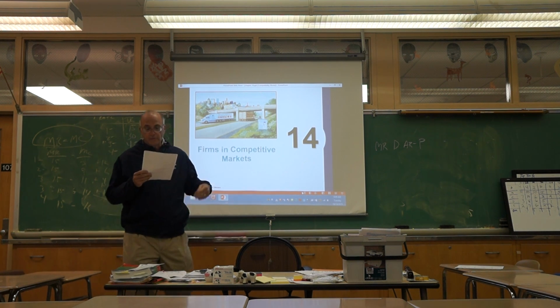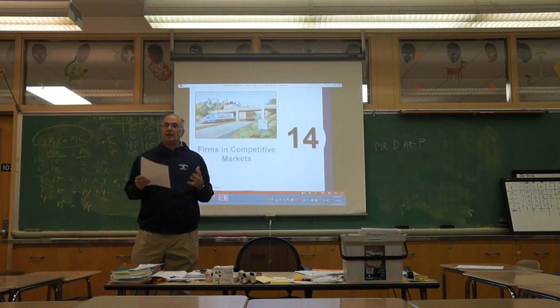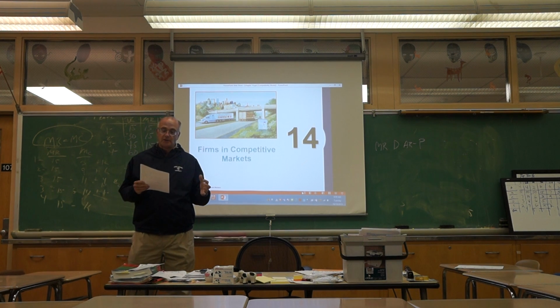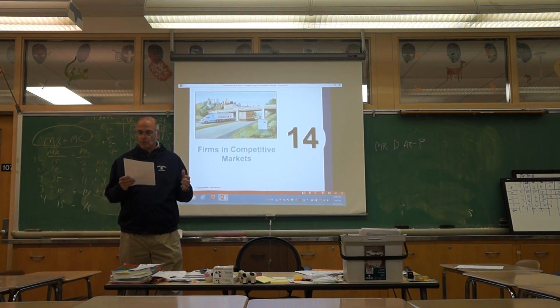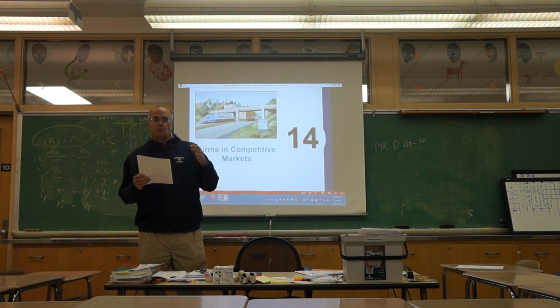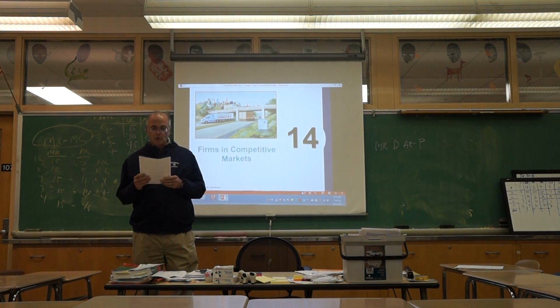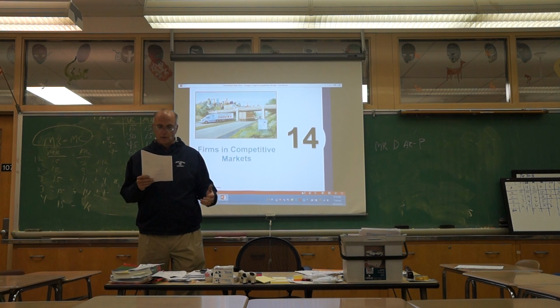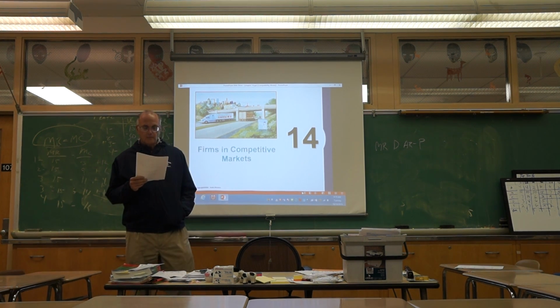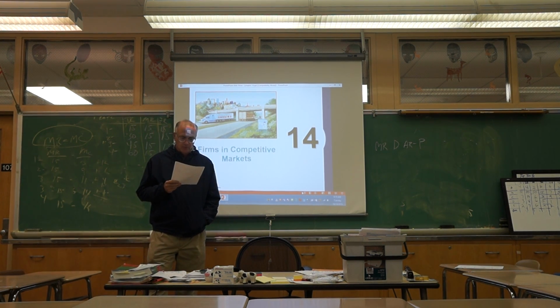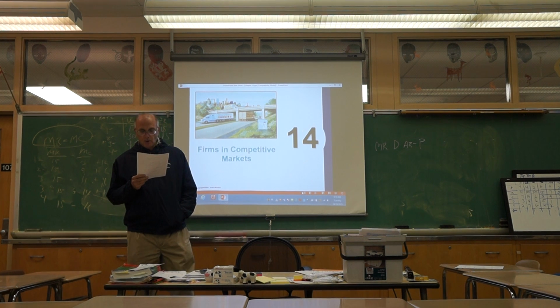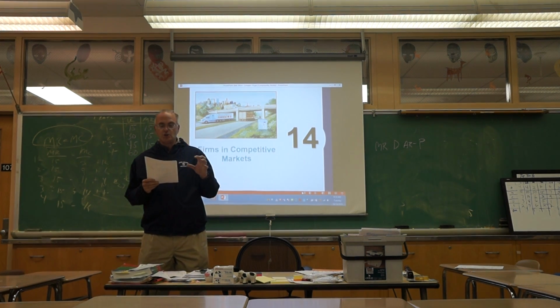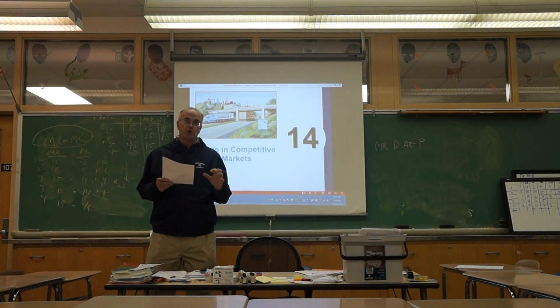So the revenue of the firms. He talks about how all firms want to maximize profits, and I think that's always important to remember. Revenue equals price times quantity. Average revenue is total revenue over quantity. He then talks about marginal revenue in the chapter. Marginal revenue is the change in total revenue over the change in quantity.